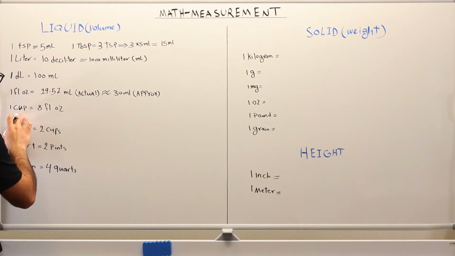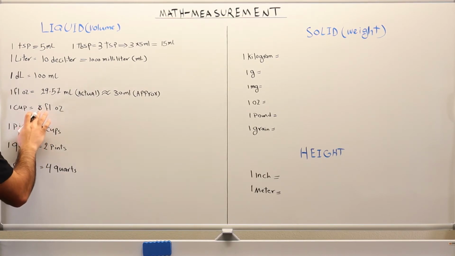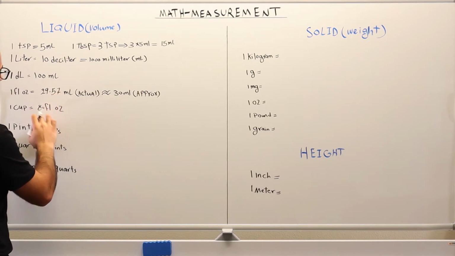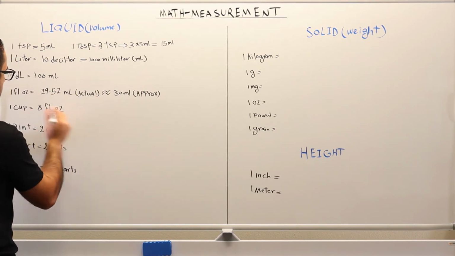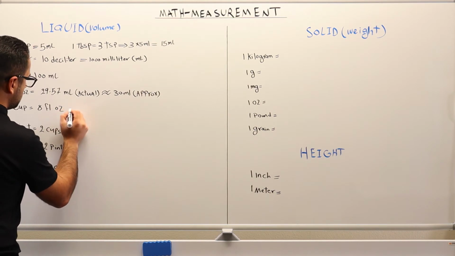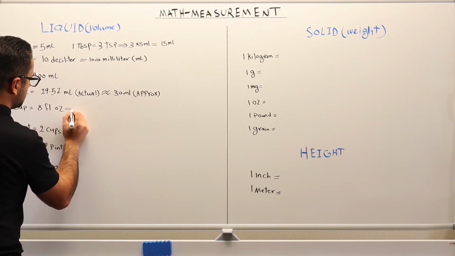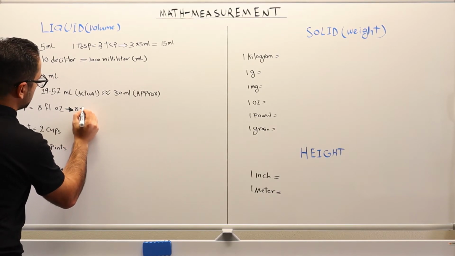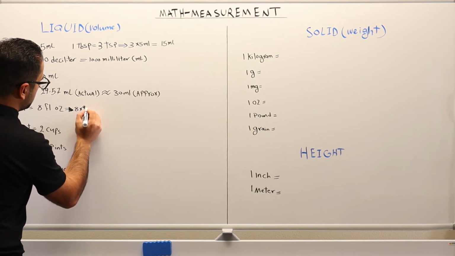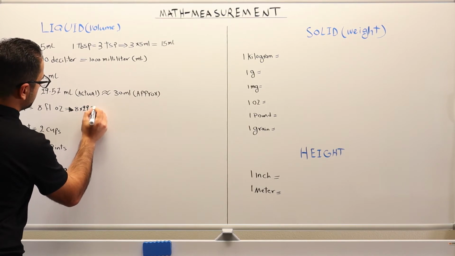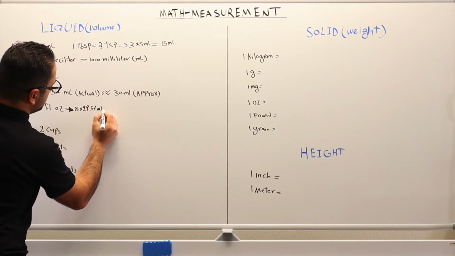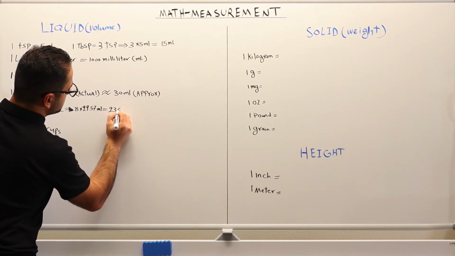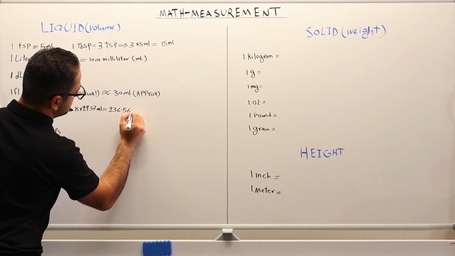So here for 1 cup, 8 fluid ounces. If you multiply 8 by 29.57 milliliters, or 8 by 30 milliliters, we get 8 fluid ounces. So let's do this. If you multiply 8 by 29.57 milliliters, this is going to equal 236.56 milliliters.